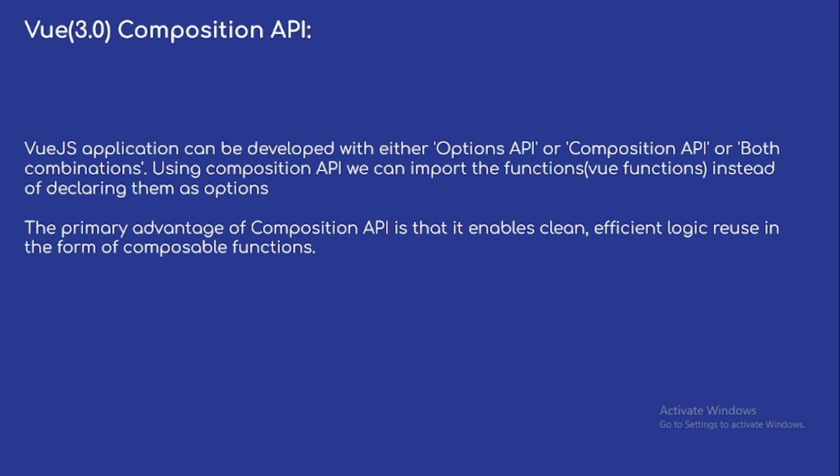This option is there to migrate from the options API to composition API, so you can slowly migrate existing projects to composition API entirely. Using composition API, we can import functions instead of declaring options. Basically, composition API is mainly calling functions directly. The main advantage of using the composition API is that our code will be very easy to understand and very maintainable.